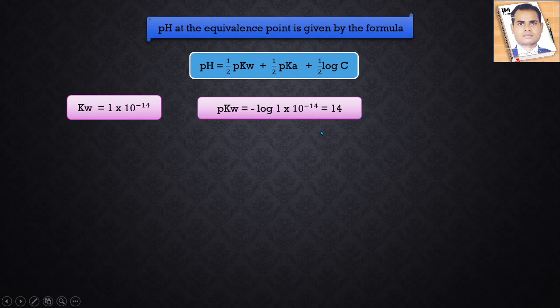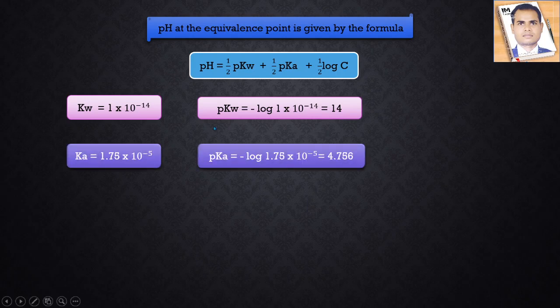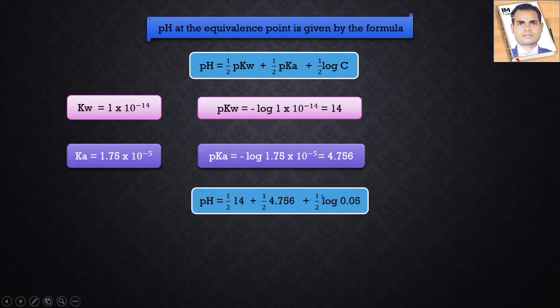Now we have to see the pKa. The Ka value is given, 1.75 into 10 raised to minus 5. Again we have to take the minus logarithm of this value, so you will get 4.756. Both values we have to put in this equation and you will calculate the pH.